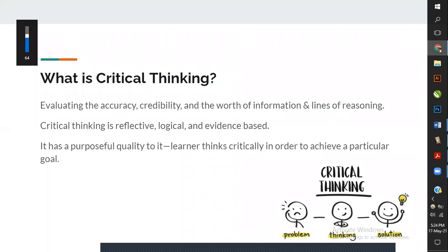They'll be thinking on how this reflects on them. Is this logical, or do they have any evidence that will back up their thoughts? So this has a purposeful quality to it, where these learners think critically in order to achieve a particular goal. As one of my colleagues had mentioned before, you start off with a goal. So that's about it for what is critical thinking.